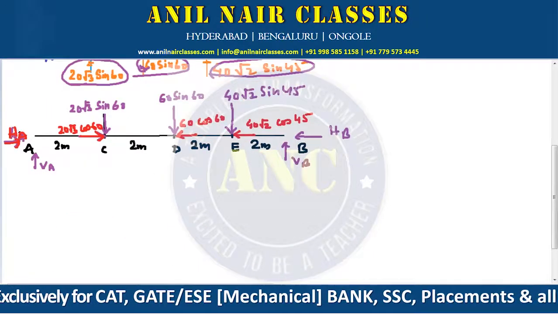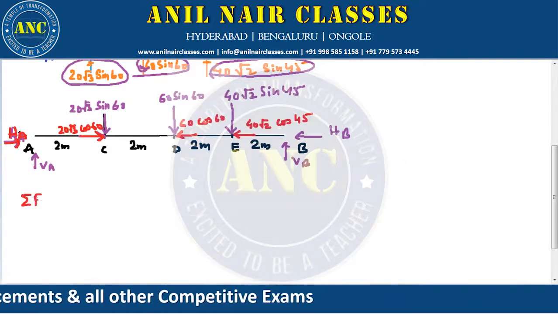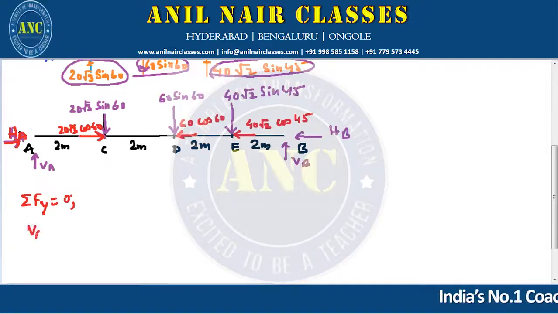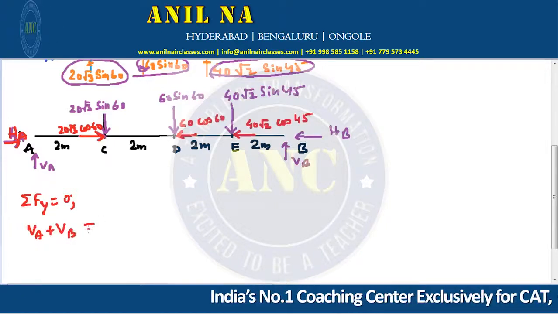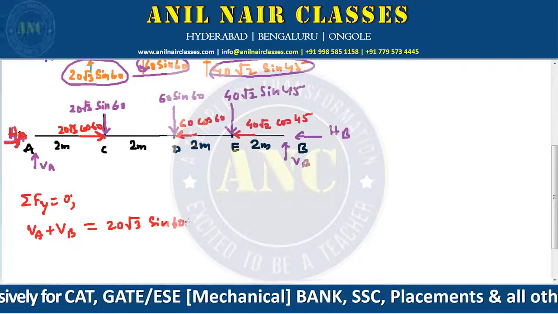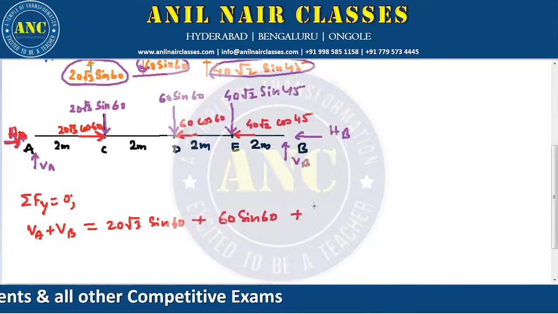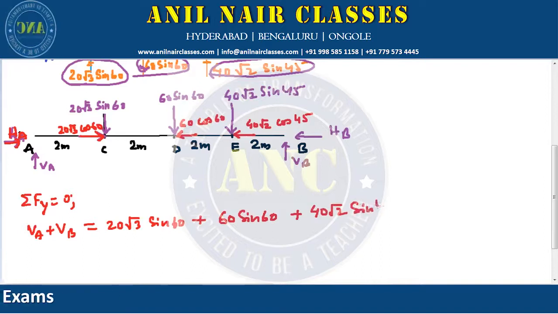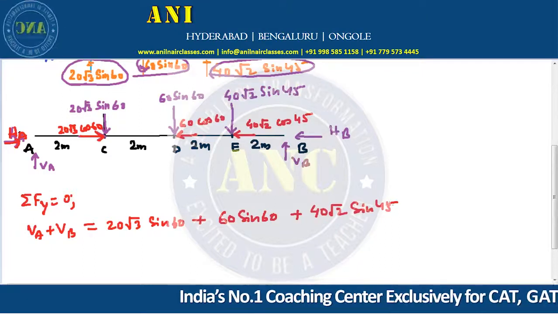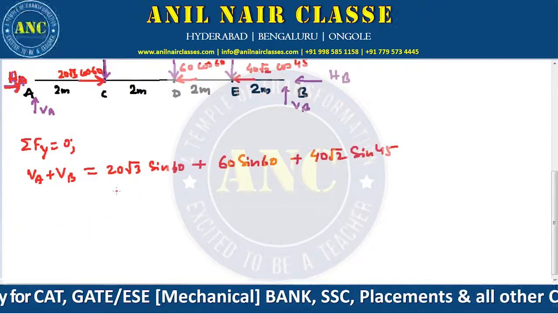Now we'll resolve along horizontal and vertical. What are the unknowns? Unknowns are HA, VA, VB and HB. We need to find these values. First we'll go by the y direction. VA plus VB is equal to 20 root 3 sine 60, plus 60 sine 60, plus 40 root 2 sine 45. Clear? When we solve this, we'll get some value.